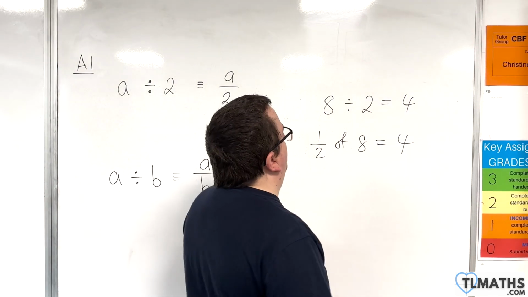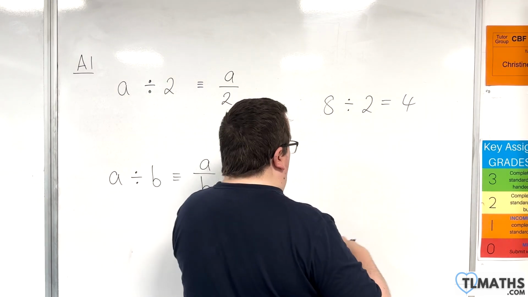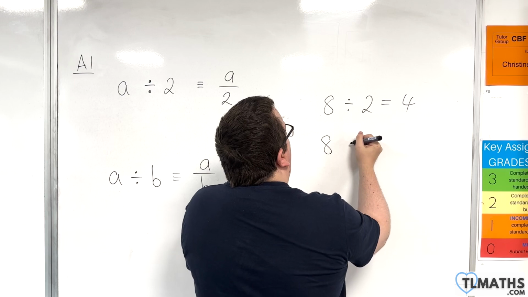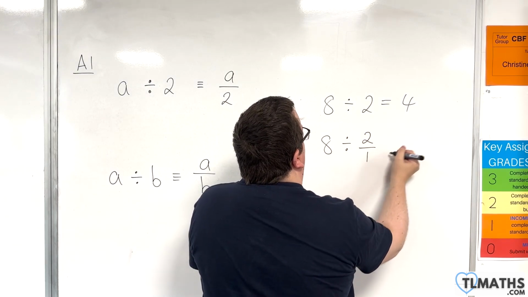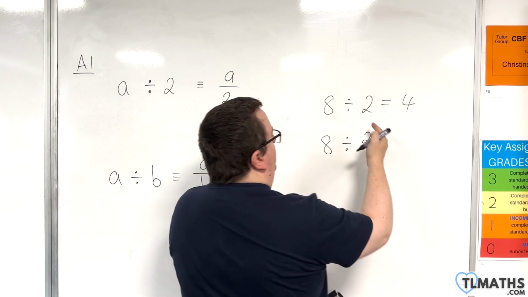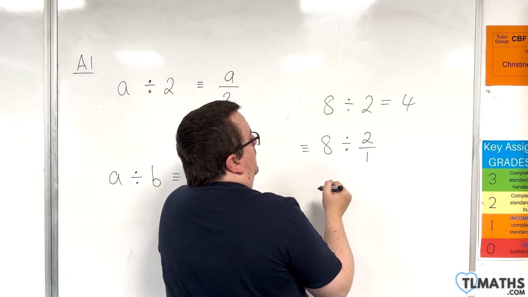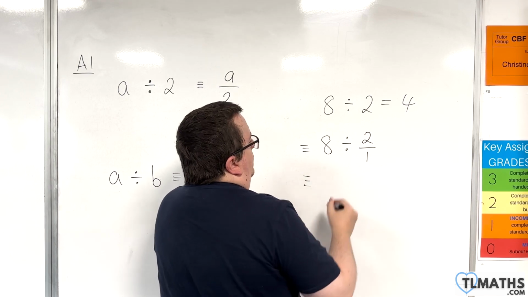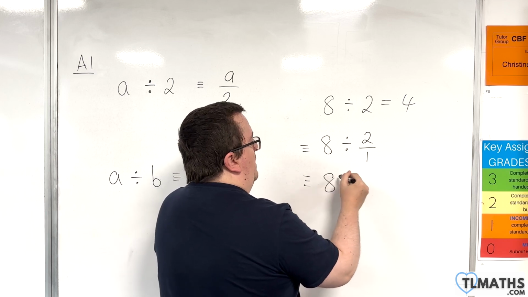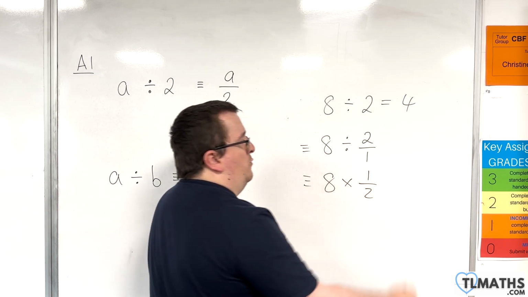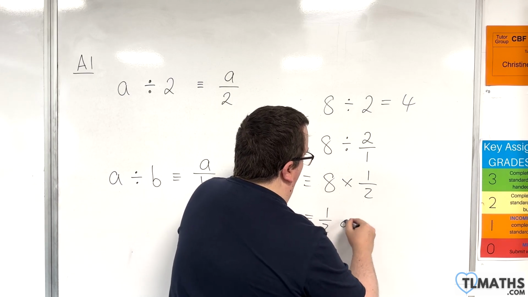And it's coming from the fact of, if we think back to our fractions, 8 divided by 2 is the same as 8 divided by 2 over 1. Okay, because 2 is 2 over 1. So this is the same as, if we remember, dividing a fraction is the same as multiplying by the reciprocal. And this is 1/2 of 8.